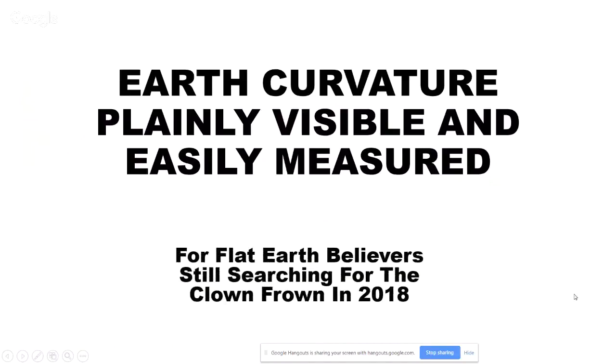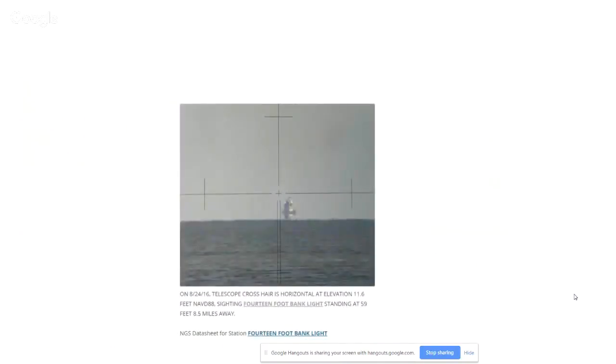So for flat Earth believers, still searching for the clown frown in 2018. Some people might recognize this photo I took. It's from about 2016, actually. That's what I call the clown frown. People think that's what the curve should look like, and of course, it looks nothing like that.